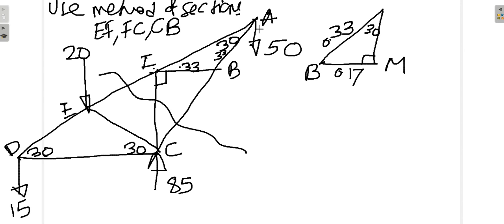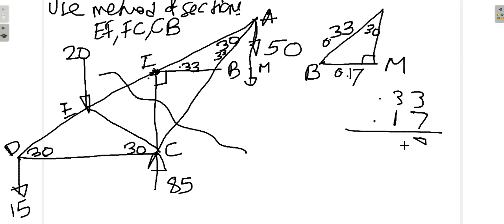So the moment arm of this particular force up to this point, this distance FM, say suppose this is M, will be 0.33 plus 0.17. 0.33 plus 0.17 is around 0.5.